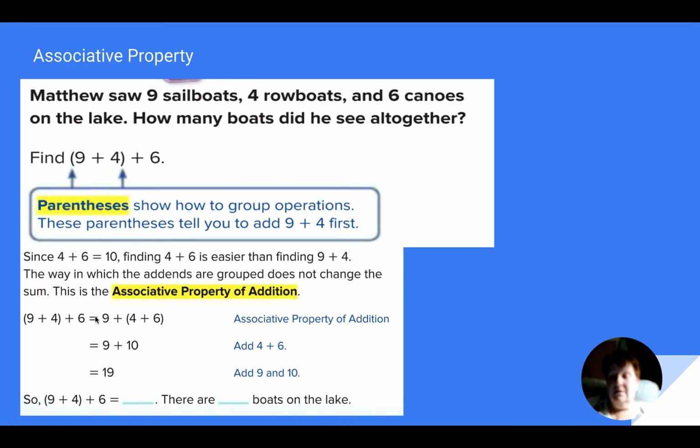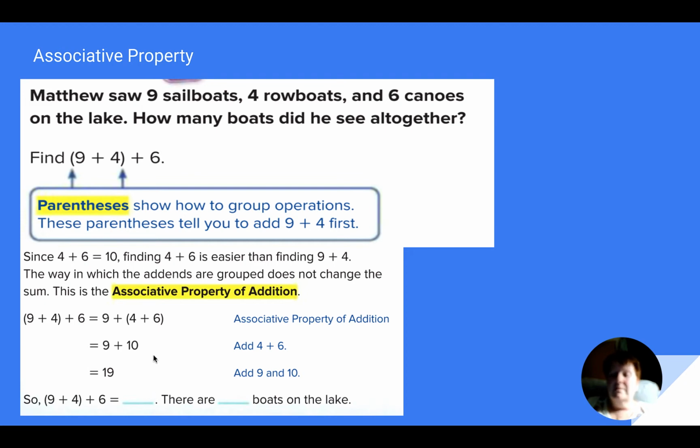So if you go down and look at this section down here, you have 9 plus 4 plus 6 and 9 plus 4 plus 6. I find it easier to make 10, and the 4 plus 6 helps you make 10, and then 10 plus whatever digit is added to it is going to give you, in this case, 19.